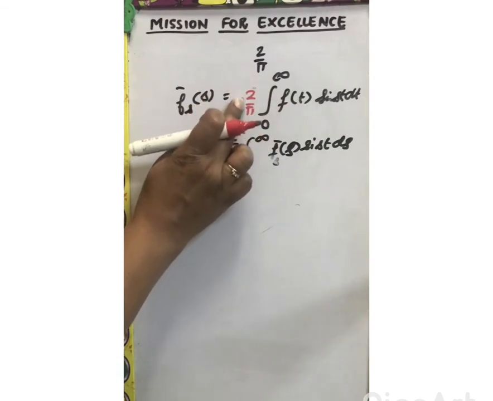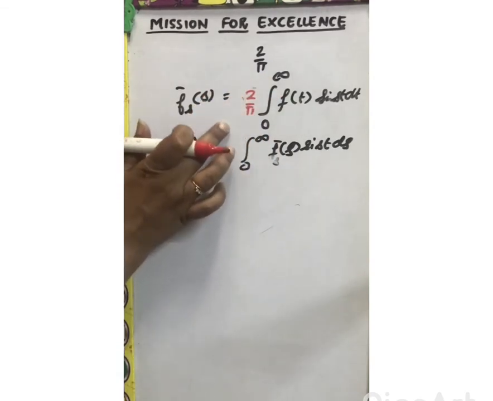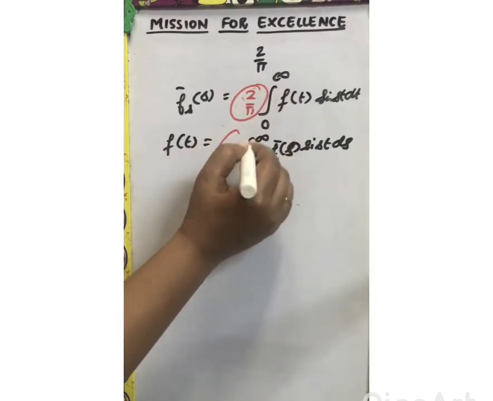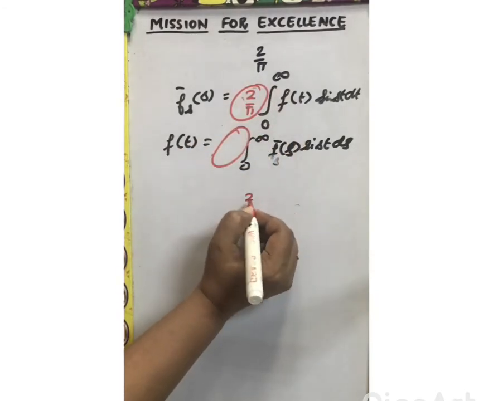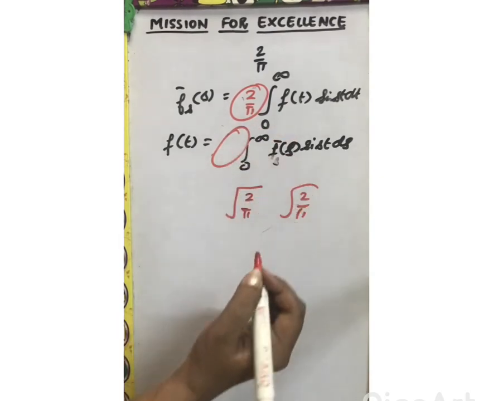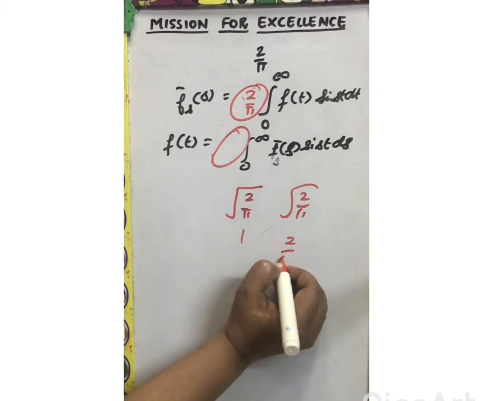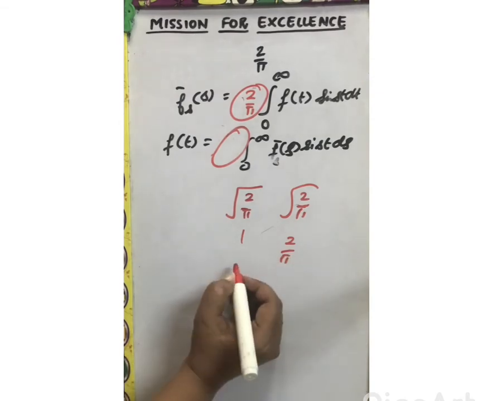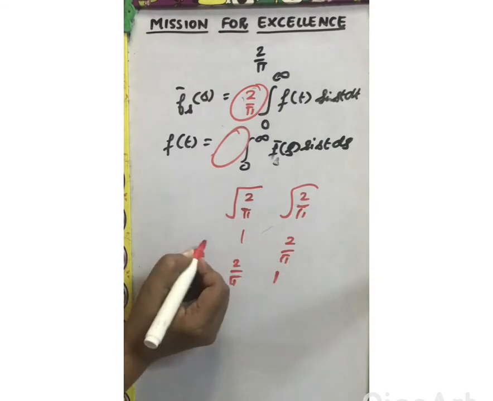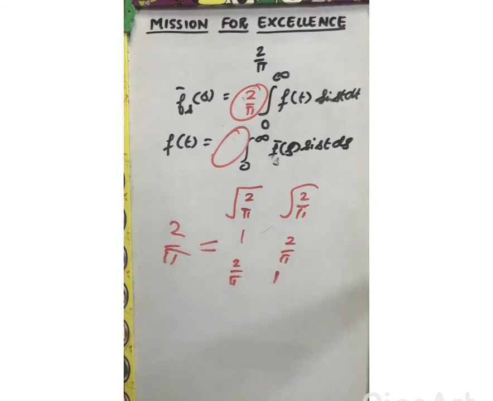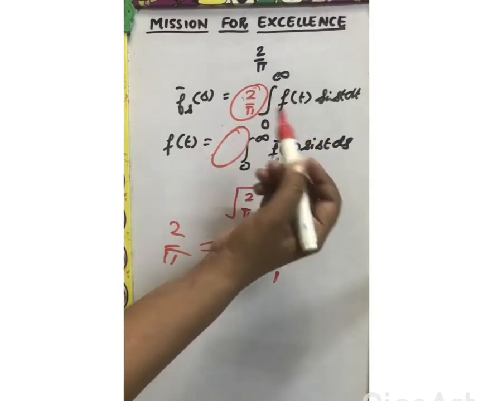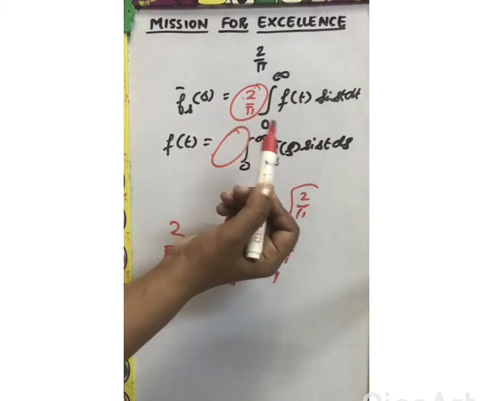If you take 2 by pi here, then we take only 1 there. It means you can take root 2 by pi in both, or you can take 1 and 2 by pi, or you can take 2 by pi and 1. The product must be 2 by pi. In the similar manner, we define the inverse cosine transform also. You can opt for any of the choices.